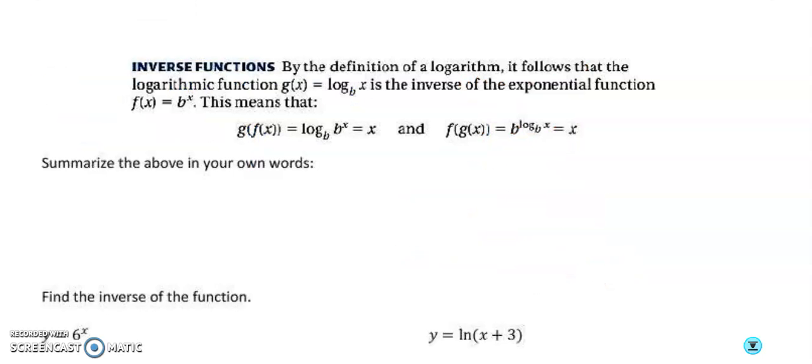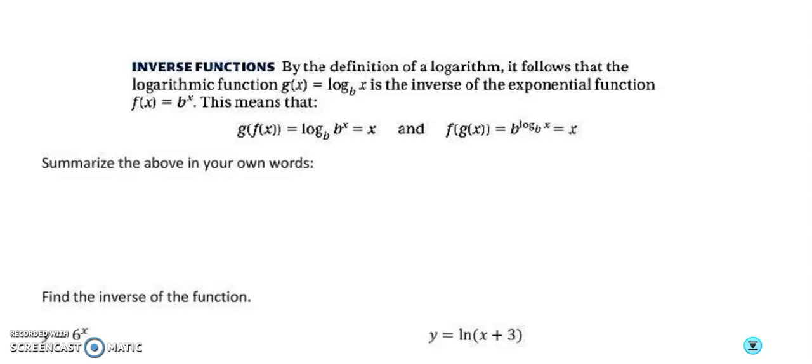All right, so with inverse functions, we're going to bring back something from last unit. The top sentence here says, by definition of a logarithm, it follows that the logarithmic function, really of any form, is the inverse of the exponential function that it matches.